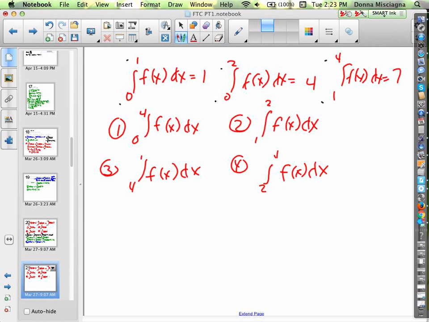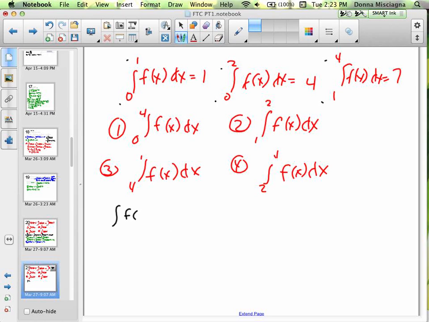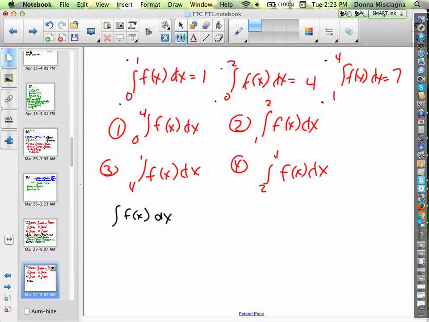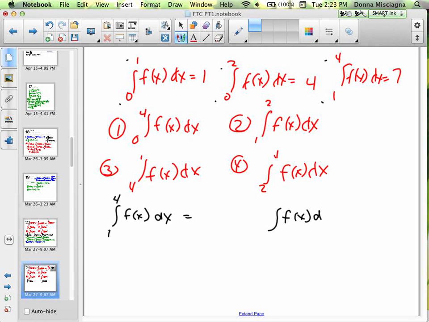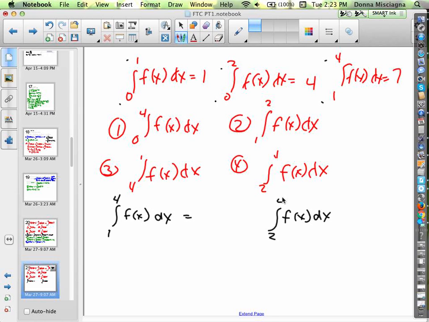All right, here. This one is a tricky one. We want 2 to 4. We've got 1 to 4. And we have, so what could we add or subtract to get to 2 to 4?